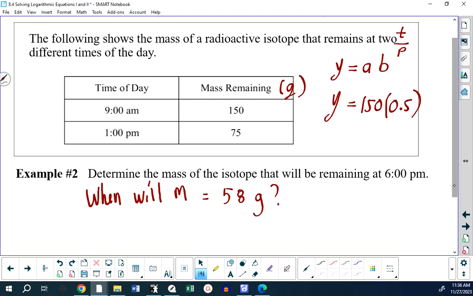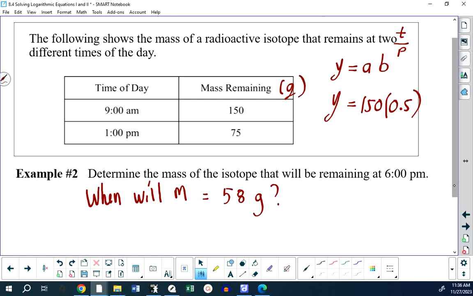In fact, as well, finding p, which is the half-life, which is the time it takes for half of it to be left, even though I might not have asked this in a question before, you can do that. What is the half-life? 4 hours. And I think I had mentioned this. I've seen this on diploma exams recently, like the past 3 or 4, so I thought I'd include something similar.